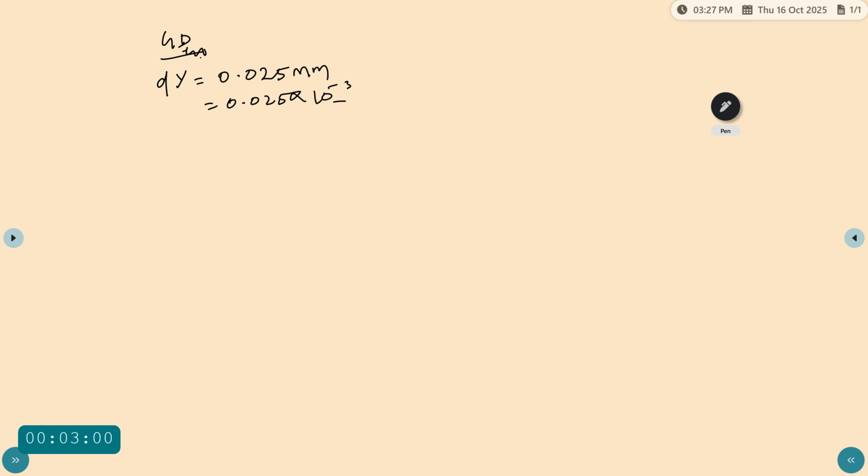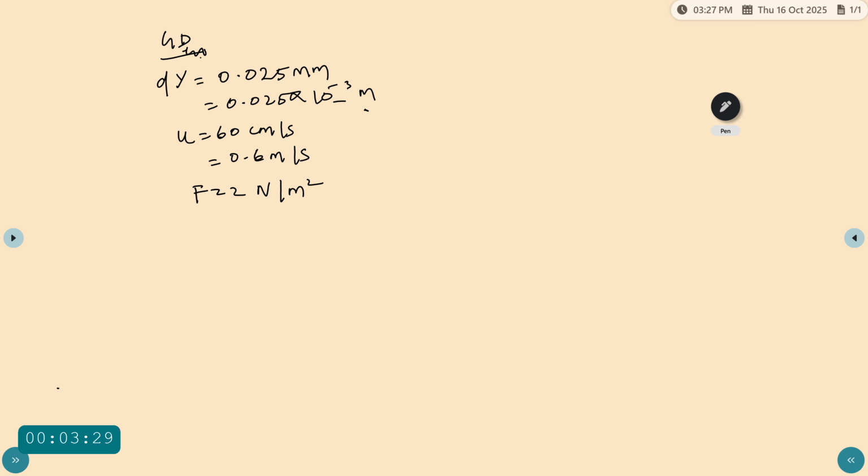We convert the value into 10 power minus 3. Next, the velocity is given as 60 centimeter per second, or 0.6 meter per second, converting centimeter to meter. And the force given is 2 Newton per meter square.